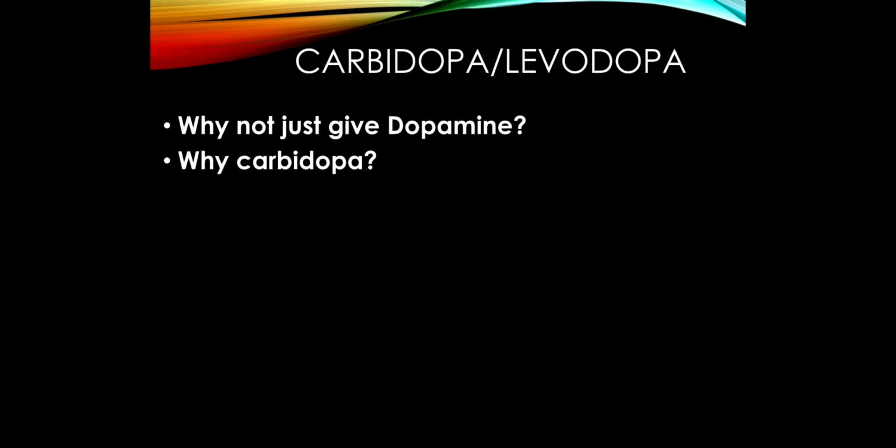when I show you the enzymatic breakdown here, this will make just a little more sense. But levodopa is converted to dopamine by dopamine decarboxylase. And the carbidopa inhibits the dopamine decarboxylase peripherally.